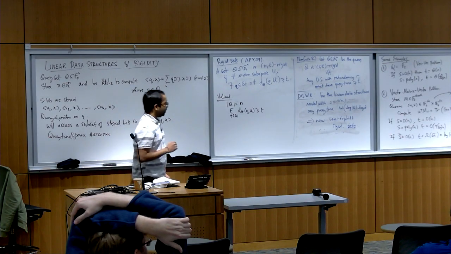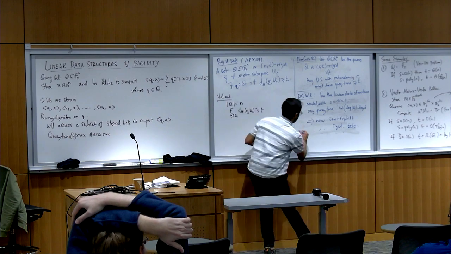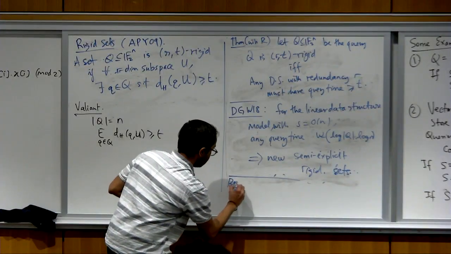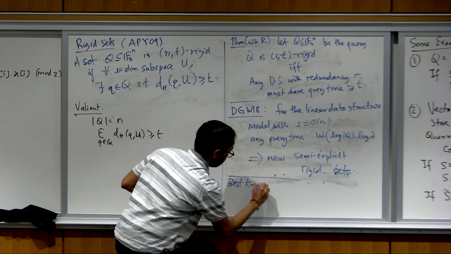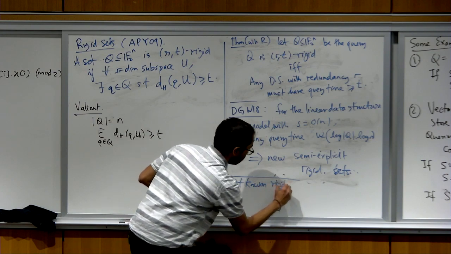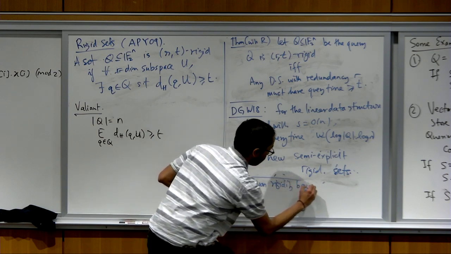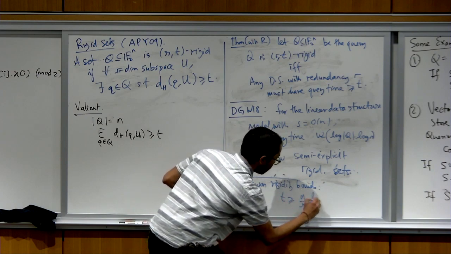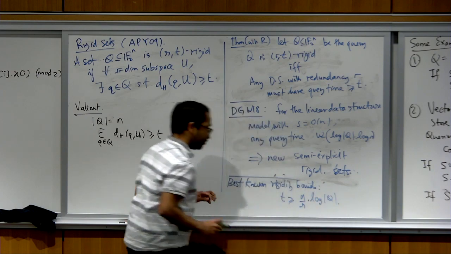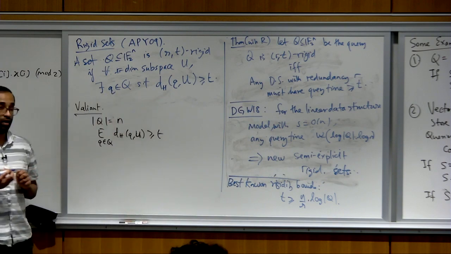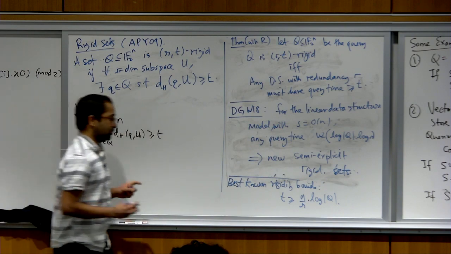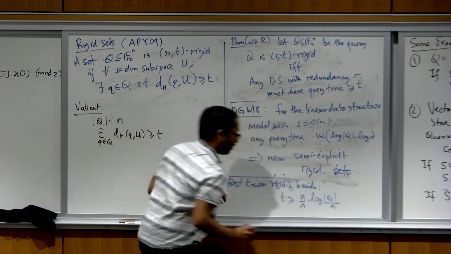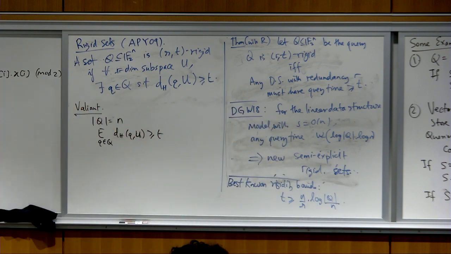And for rigidity as well, the best known rigidity bounds are that t must be at least n over r times log size of Q over n.